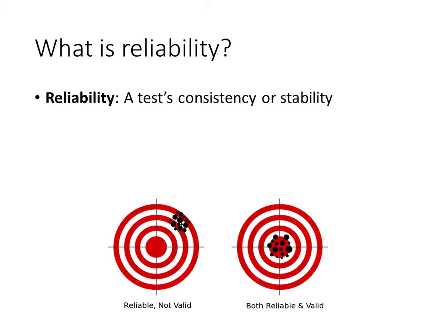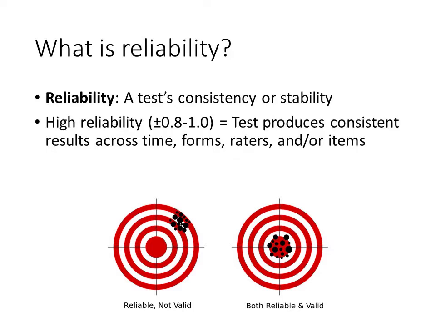In order to determine whether a test is a good test or a bad test, we can evaluate its reliability. When you hear the word reliable, think of someone who is consistently there for you. You can rely on them no matter what. A reliable test is similar in that you can expect it to provide reliable, consistent, stable results.